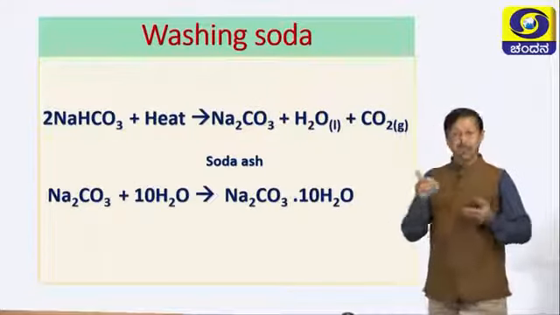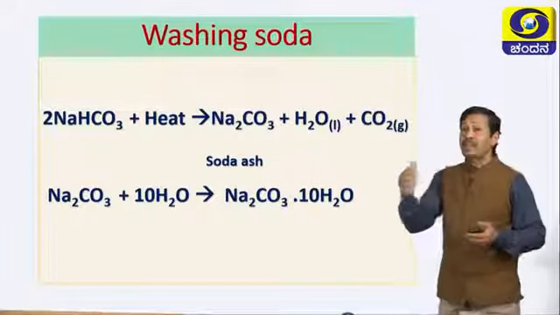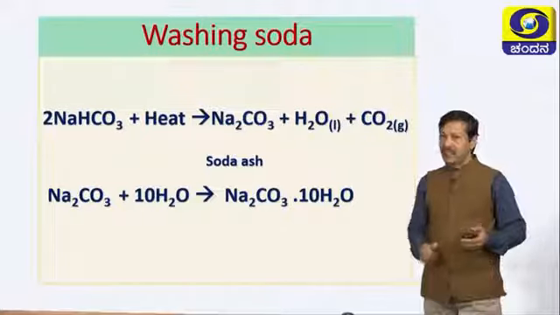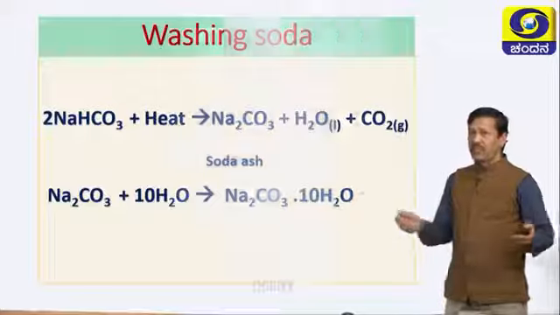Now this Na2CO3 is treated with water, then the water of crystallization process takes place and 10 molecules of water are absorbed and you get washing soda. So this is commonly known as the decahydrate of sodium carbonate. Sodium carbonate, decahydrate.